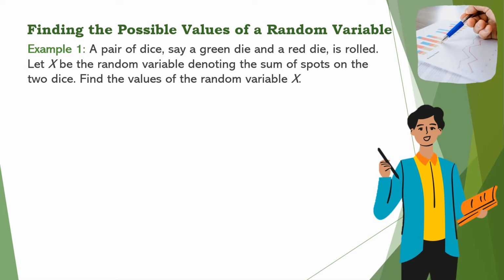Since each die has 6 equally likely outcomes, the sample space is 6 times 6 or 36 total possible outcomes. Let GR denote a possible outcome of rolling the two dice, with G the number on the top of the green die and R the number on the top of the red die.